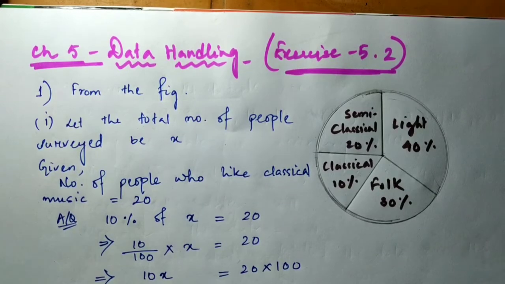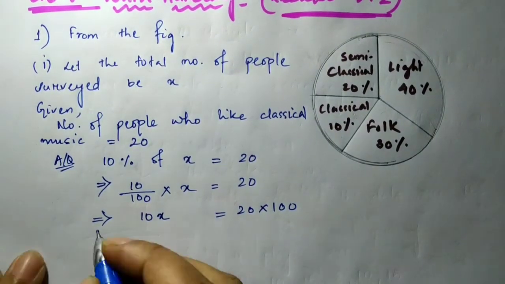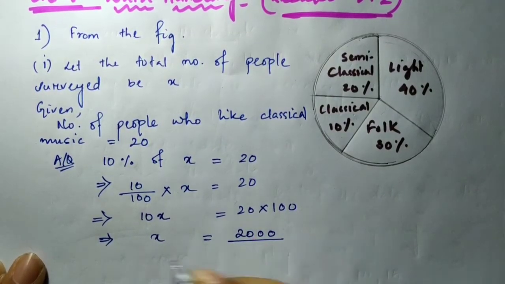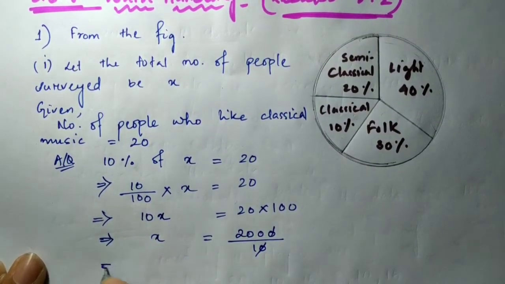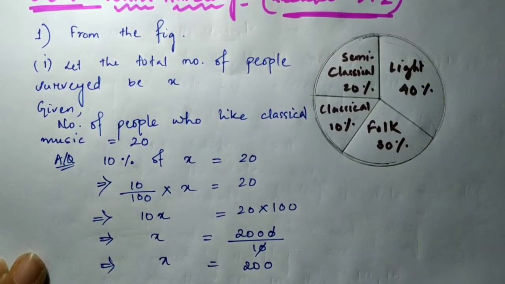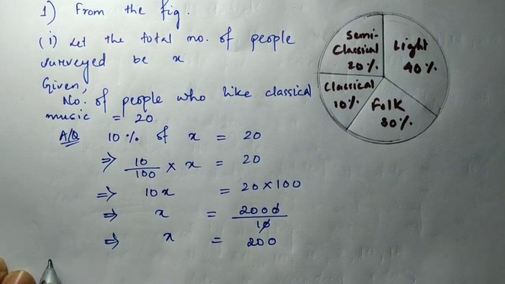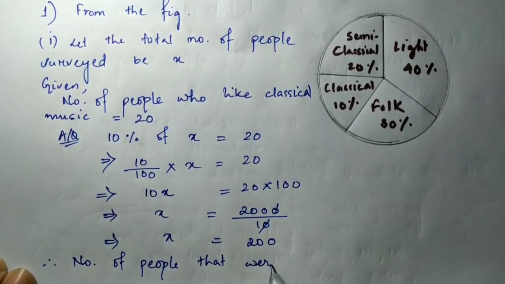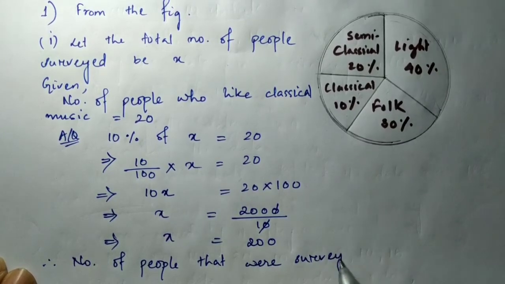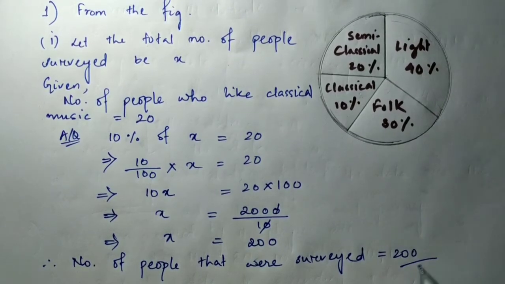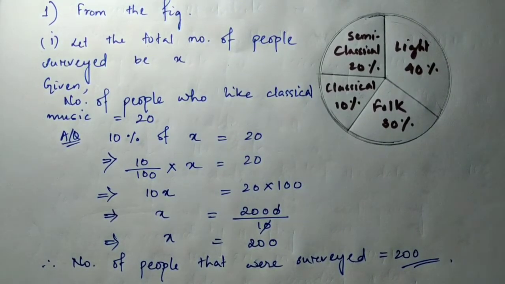Just transfer to the right hand side. X is equal to 2000 divided by 10, and if you solve you will get X equal to 200. We considered X as the total number of people surveyed. Therefore the number of people that were surveyed is equal to 200. So this is the first part of question number 1.